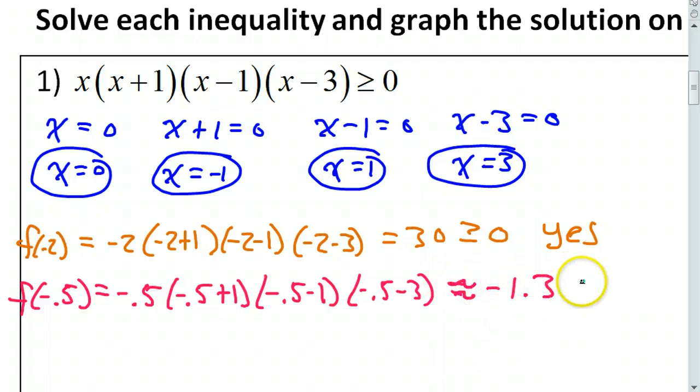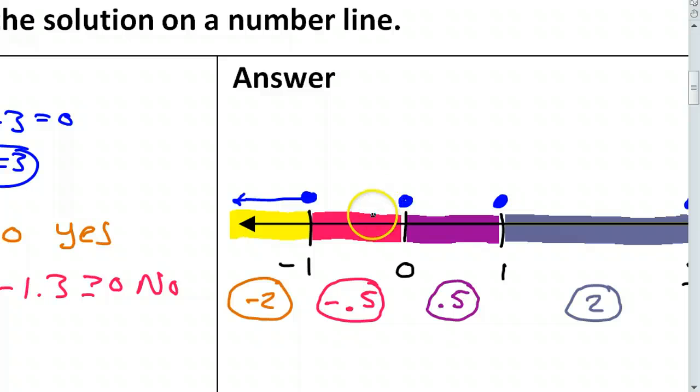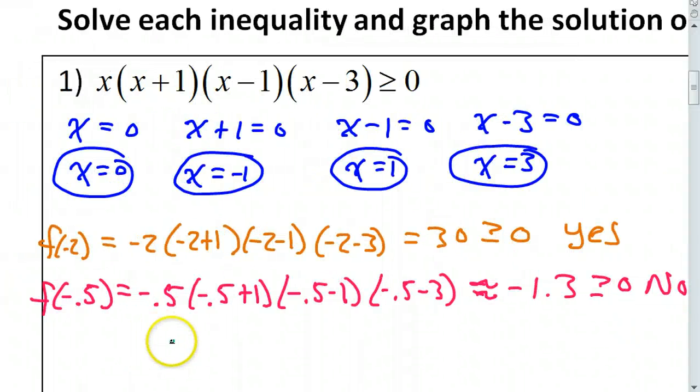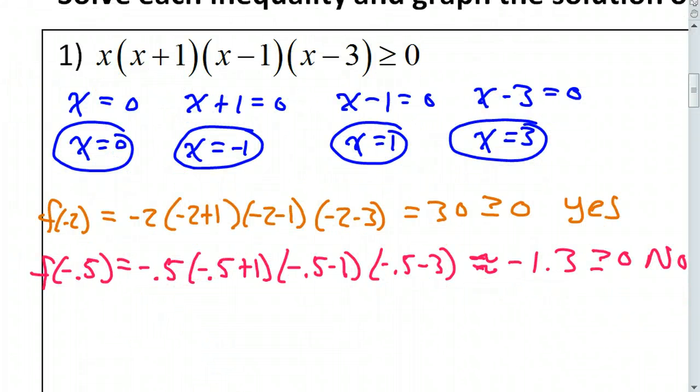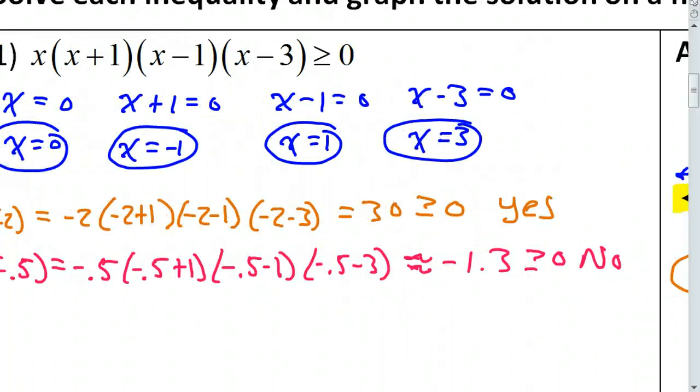But the point is, is this greater than or equal to 0? No, it is not greater than or equal to 0. Okay, it's a negative number. So that means that the pink zone, these numbers are not solutions. So I'm just going to leave that blank. Alright, and now I'm going to move on to the purple zone with a 0.5.